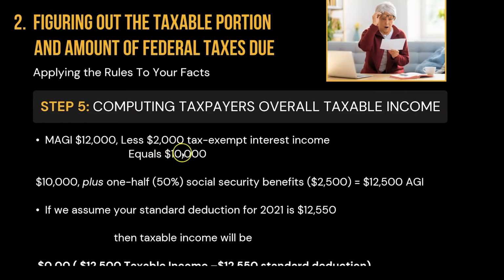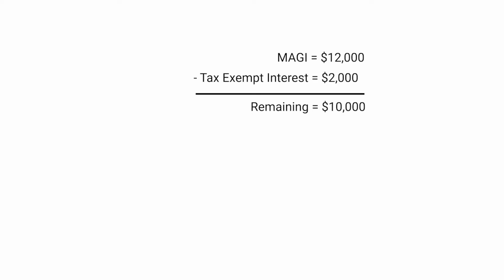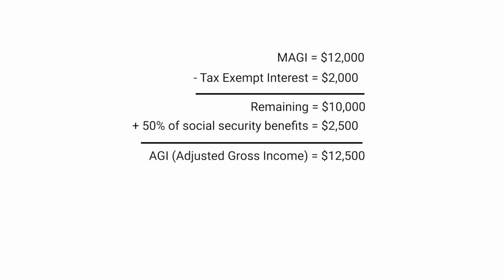Now that we have the 10,000, let's also add the 50% of the Social Security benefit that we calculated under 86A subsection B earlier. We got 2,500, so we add the 10,000 plus 2,500. That gives us 12,500 adjusted gross income.